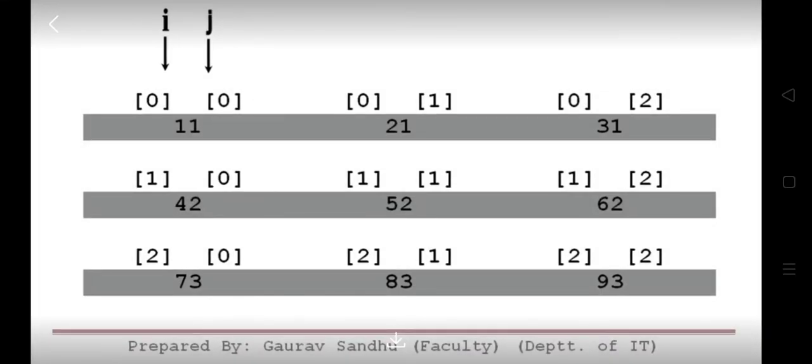Now on the screen you can see that every data, 11, 21, 31, 42, 52, 62, has been stored at a specific position in the 2D array. Since there are two dimensions, let's take the example of data 21. 21 has been stored at position 01.